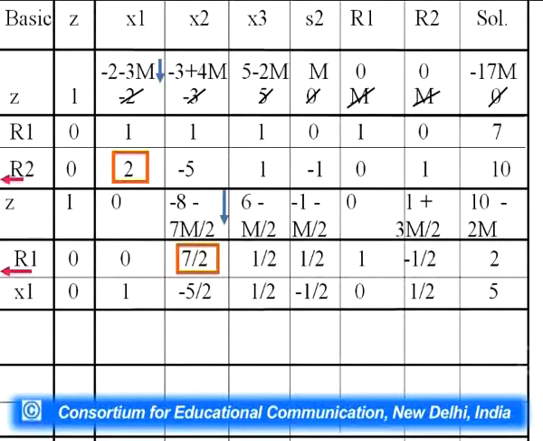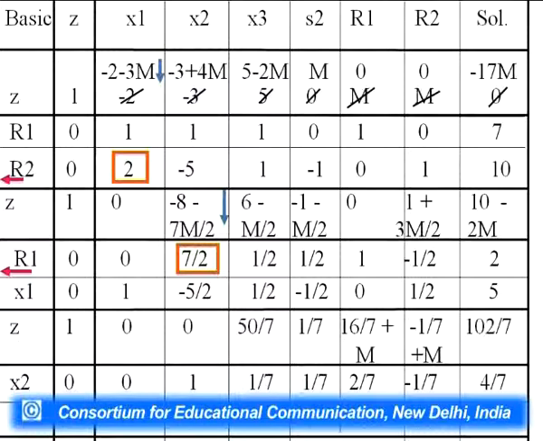Instead of R1 we shall be writing x2, and x2 is now 0, 0, 1, 1 by 7, 1 by 7, 2 by 7, minus 1 by 7, and finally the answer in the solution column is 4 by 7. So, viewers must note here R1 was the leaving variable and x2 was the entering variable. That is why we have replaced R1 with x2, all other values remaining the same.